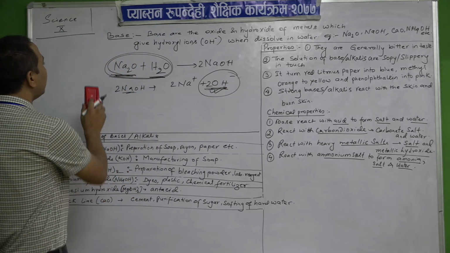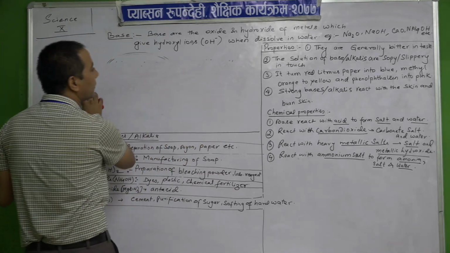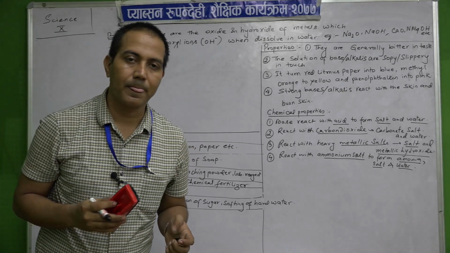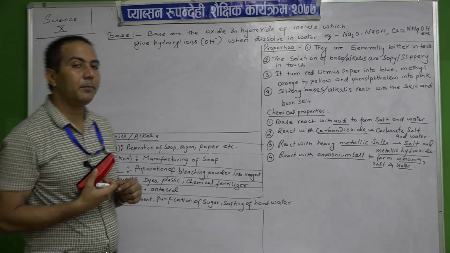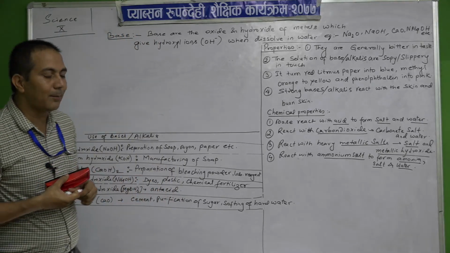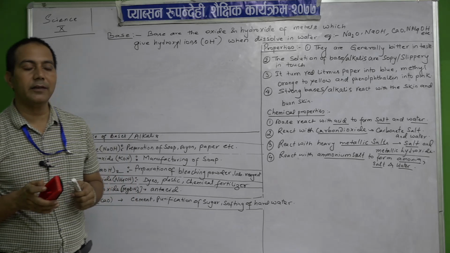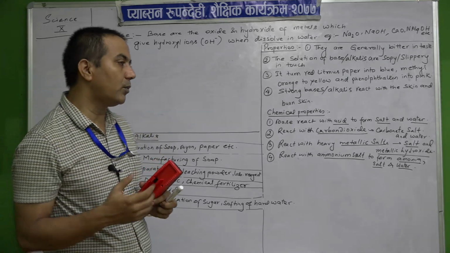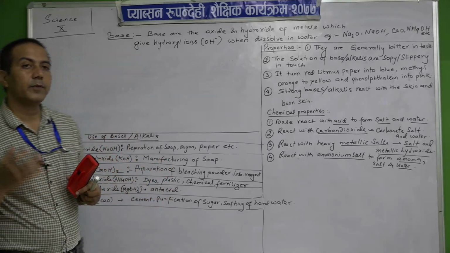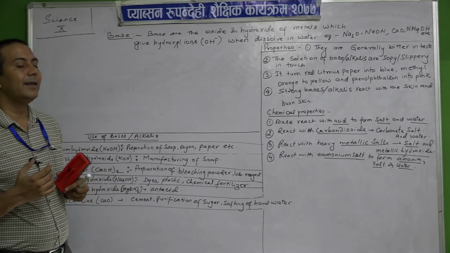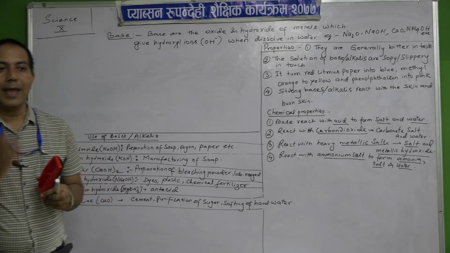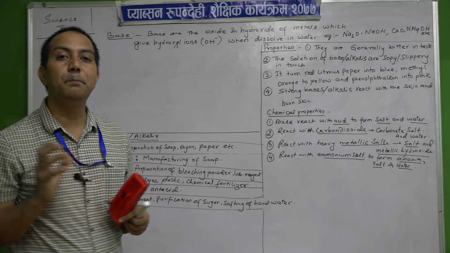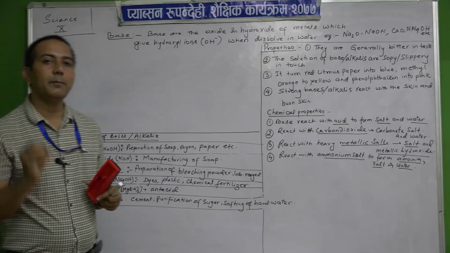Now, what are the properties by which we can know which compound is a base? By analyzing some properties, we can easily say whether it is a base or an acid. The first is that it is bitter in taste. Acid is sour in taste, but bases are bitter.